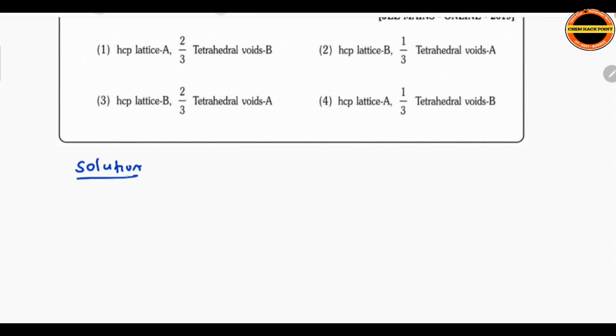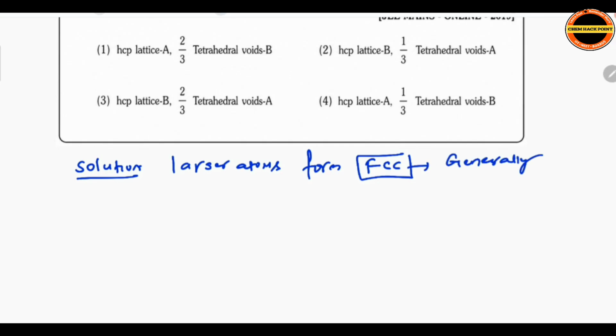See the solution. First of all, larger atoms generally form FCC, and smaller atoms occupy tetrahedral voids.